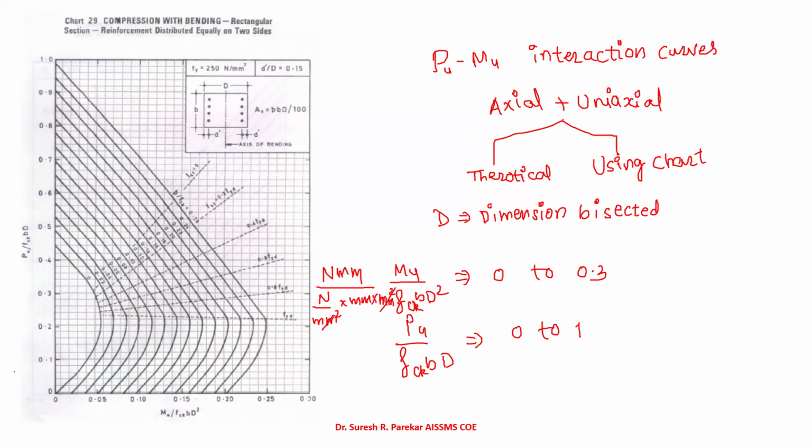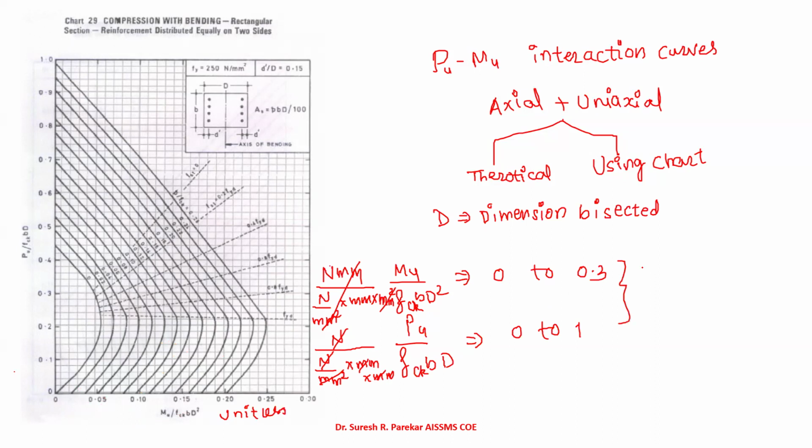The millimeter square cancels, and Newton millimeter gets cancelled, so Mu upon fck bD square is unitless. Similarly for Pu upon fck bD, Newton upon Newton per millimeter square, per fck, b millimeter and D millimeter, the millimeter square cancels and Newton cancels. So these are unitless values. This is most important.